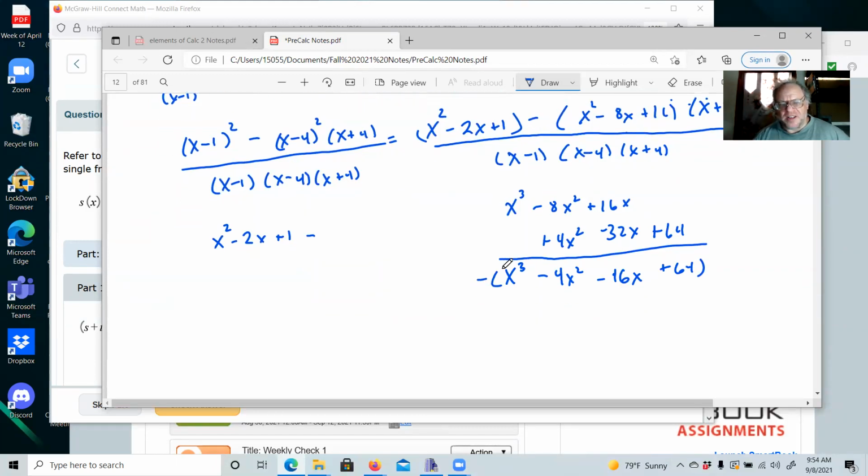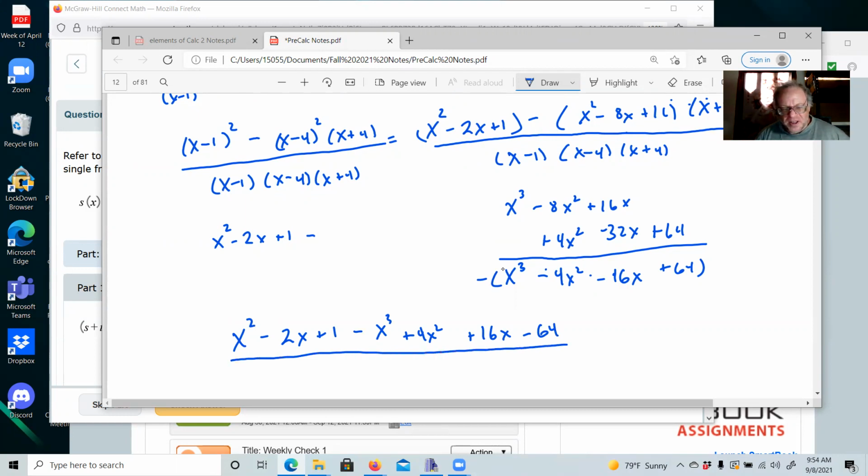Negative in front of it, so let's see here. We have x squared minus 2x plus 1 minus x cubed plus 4x squared, right? Distributing the negative, don't forget. I'll forget it too, trust me. It's all over x minus 1, x minus 4, x plus 4.